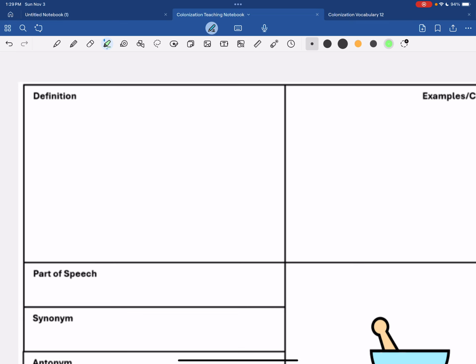Let's first break our word into its syllables. Ma, dis, no. Medicinal.